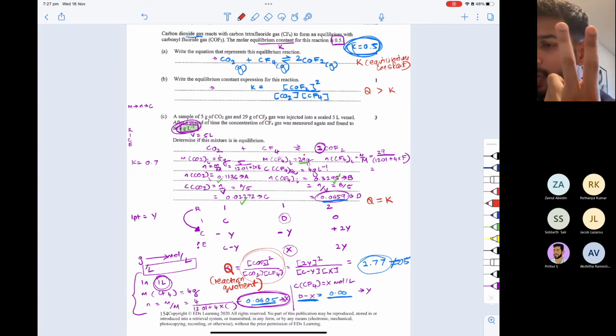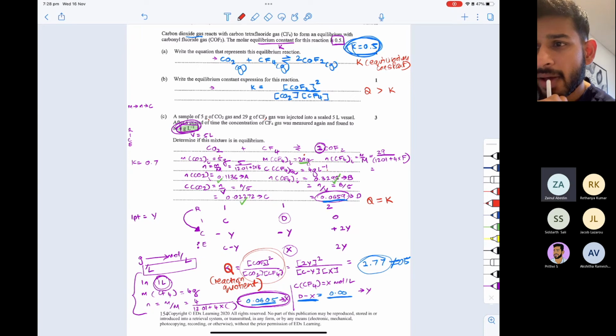I said two words at the very beginning of class that you need to repeat to me when I ask you what K is. What were those two words, Zainul? Was it equilibrium position? Very good. Now, what can you be told about equilibrium position when Q is greater than K? First thing is that it's not at equilibrium. Does the position of this reaction lie to the right or to the left?